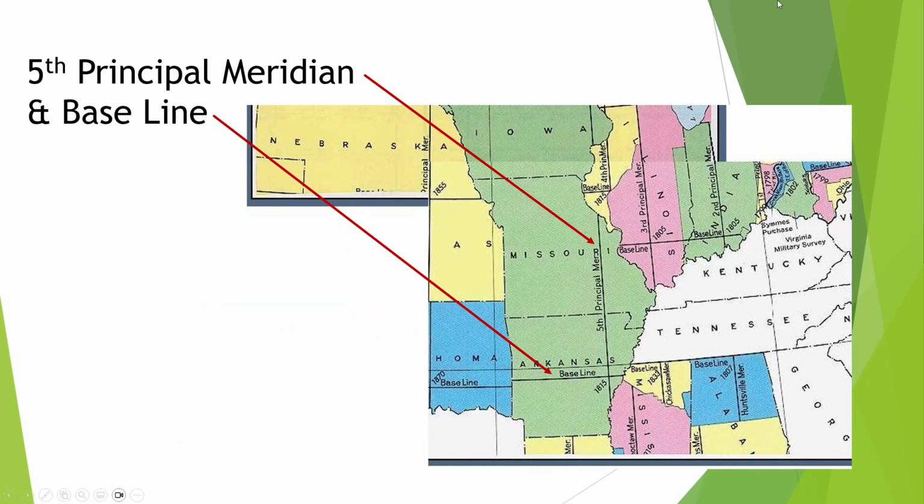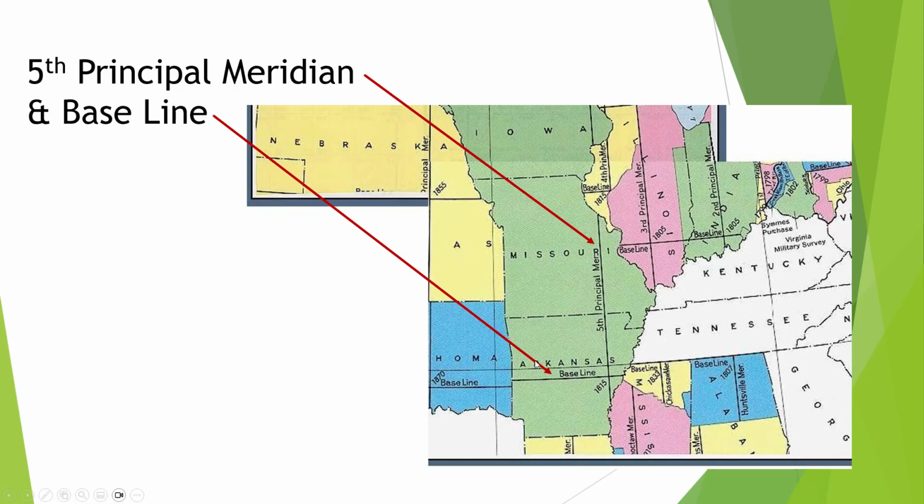Now, talking about the 5th principal meridian and the baseline, if you look at a map of the United States, and I trimmed it down a little bit, you'll see down in Arkansas, that's where our baseline is based from. So anything township-wise is north of that line.